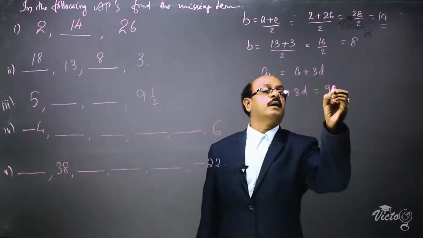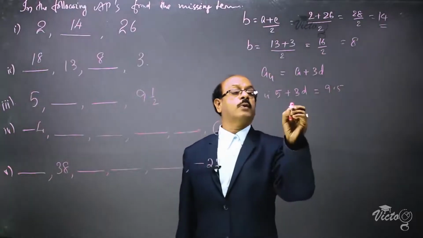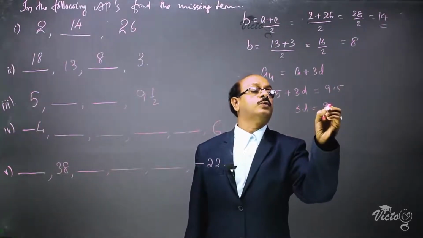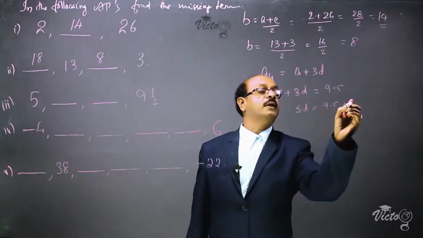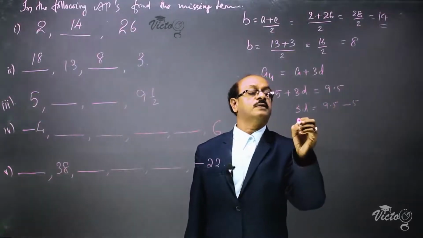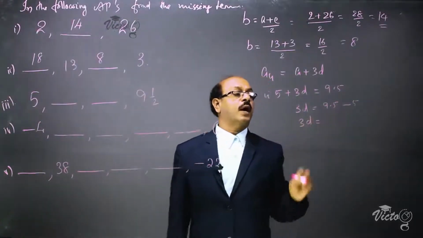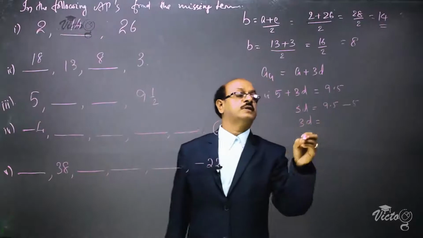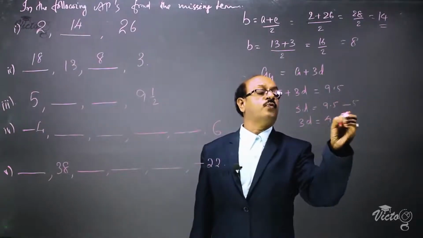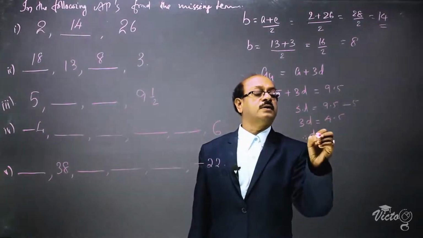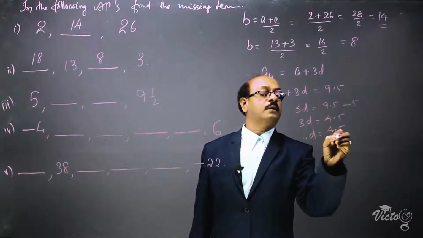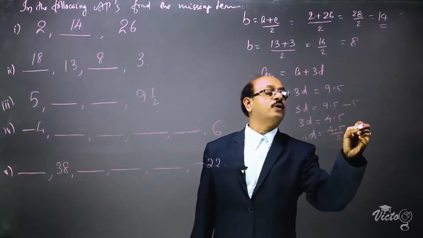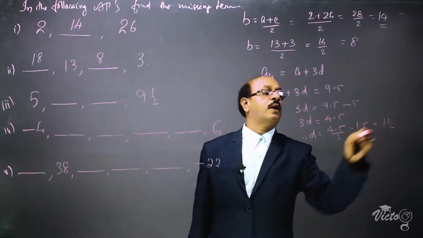Therefore, 3D is equal to 9.5 minus 5, which is 4.5. Therefore, D is equal to 4.5 by 3, which is 1.5.